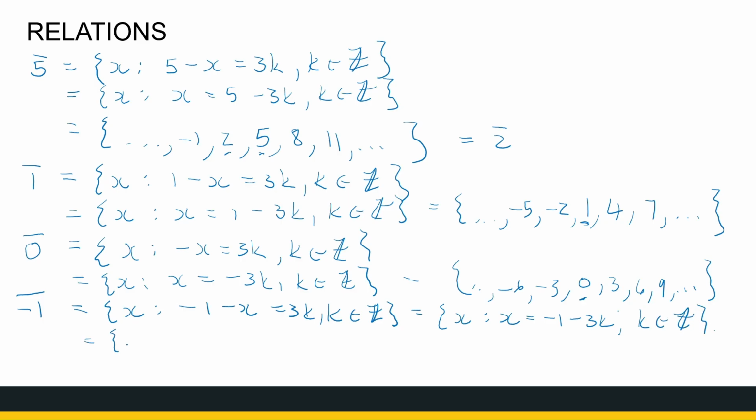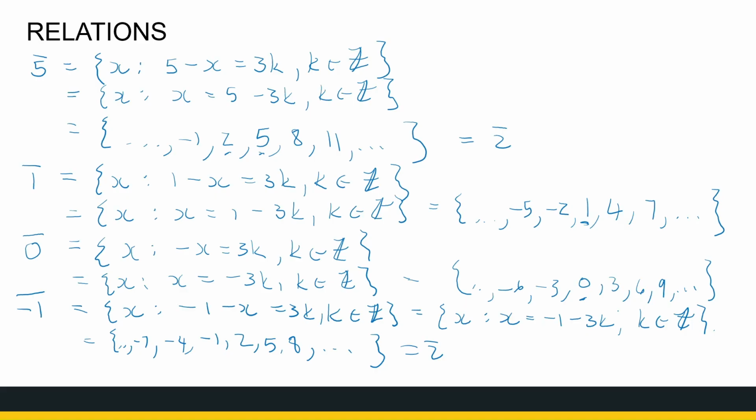What will those look like? Well, if K is 0, I've got minus 1. If K is 1, I've got minus 1 minus 3, which is minus 4, then minus 7. If K is minus 1, I've got minus 1 plus 3, which is 2. Are we getting back to 2, 5, 8? So we're circling around again. This is the same as the equivalence class of 2, which was the same as the equivalence class of 5.